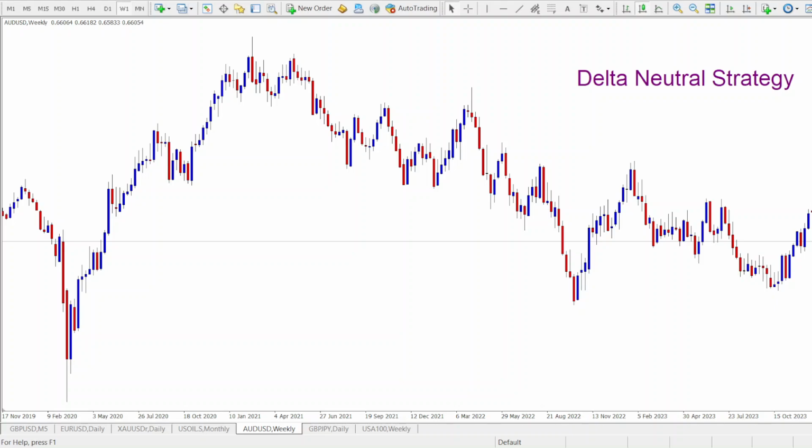If you are the type of trader that usually tries to avoid volatile markets, then maybe you will find the delta neutral strategy beneficial and useful, because it tries to protect against market volatility and keep your portfolio on an even keel.